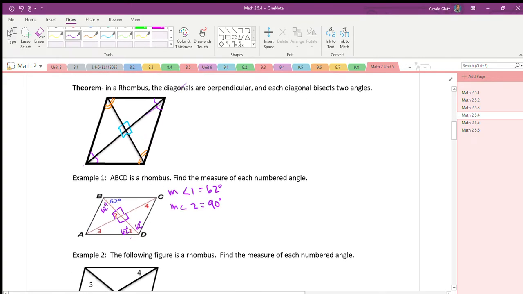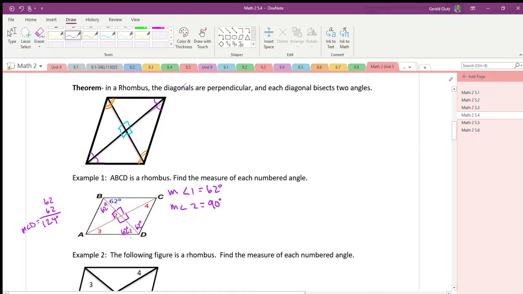So I know that angle A, this entire angle right here, and angle D have to add up to 180. You could use angle A and angle B, it doesn't matter, just two consecutive angles. Angle D is made up of two 62-degree angles. If I add those together, I get 124. So the measure of angle D is equal to 124 degrees.